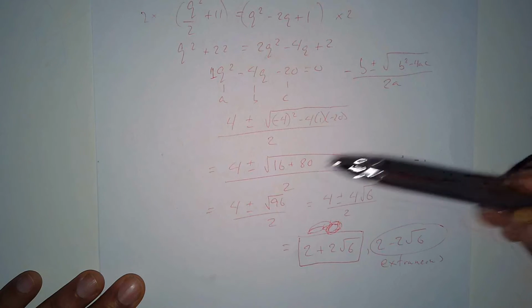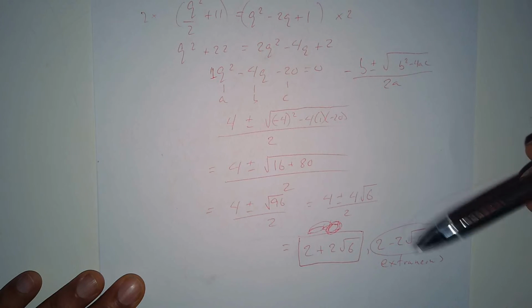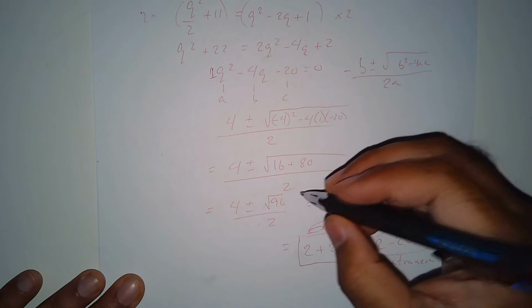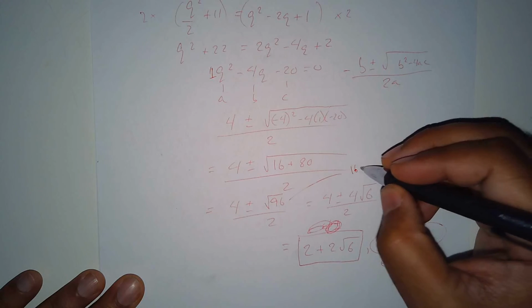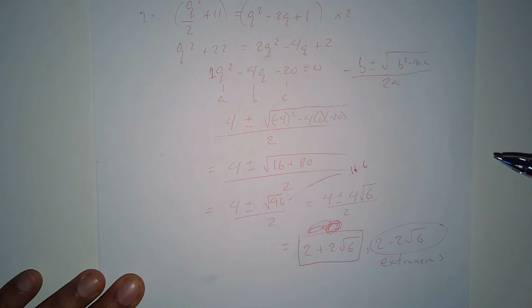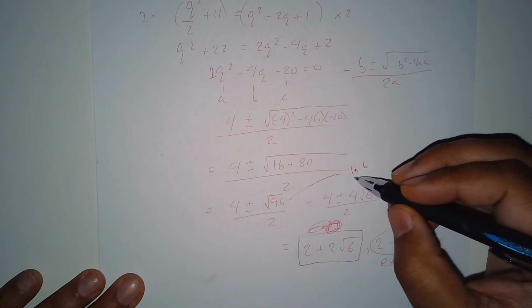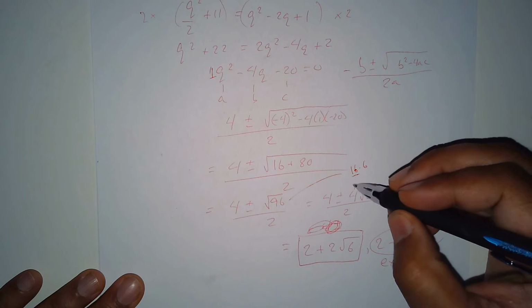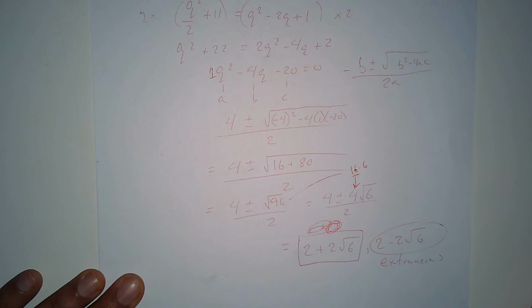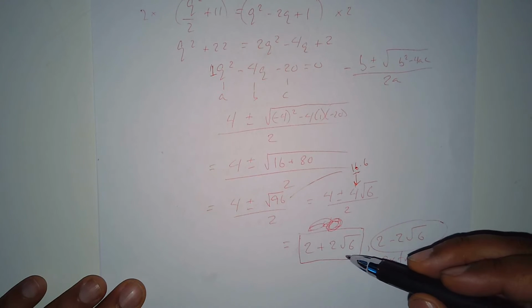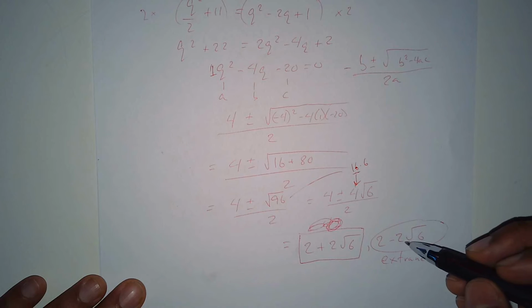So the reason why we went from root 96 to 4 root 6 is because 96 is 16 times 6, right? So there's your perfect square. The 16 here, when you pull it out, becomes a 4. Okay, and then you get these two answers, and then this one here is extraneous.